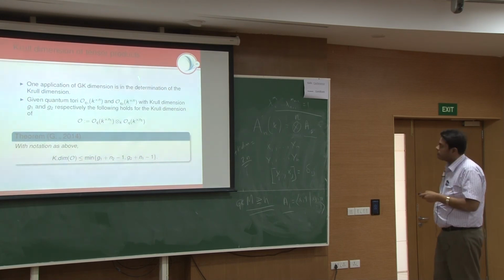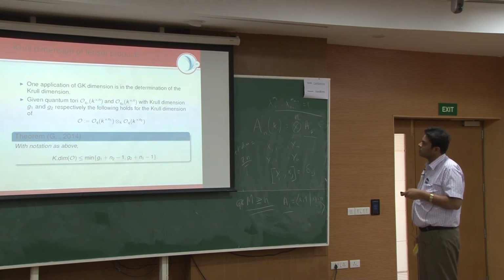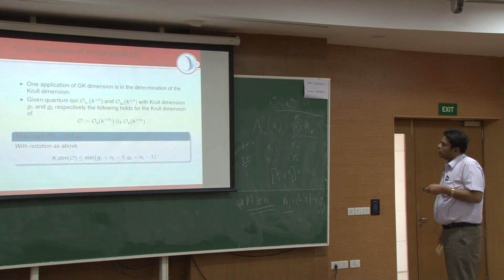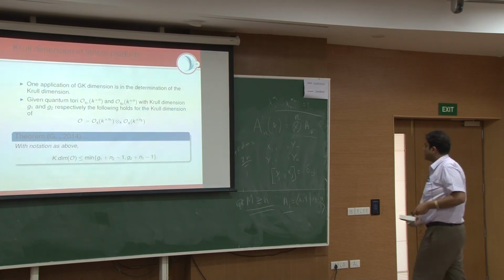As I already mentioned, an application of GK dimension is the calculation of Krull dimension. It is otherwise not easy. And for this quantum torus, we consider the algebra tensor product.